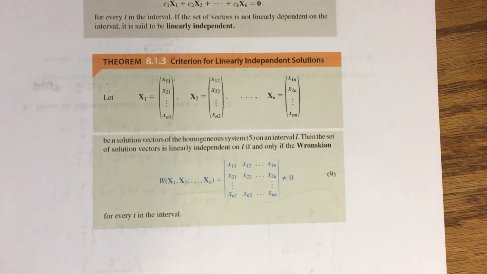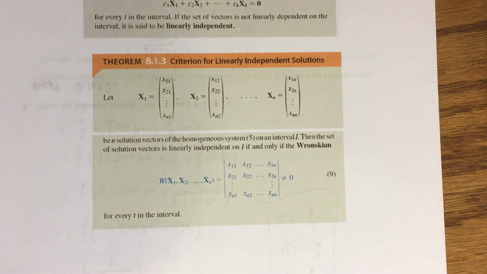We're looking for basically the same thing here, and the way we're going to determine if a set of solutions is linearly independent is essentially the same way. We use the Wronskian. However, the Wronskian looks a little bit different here, simply because we're not taking the Wronskian of a set of functions anymore.